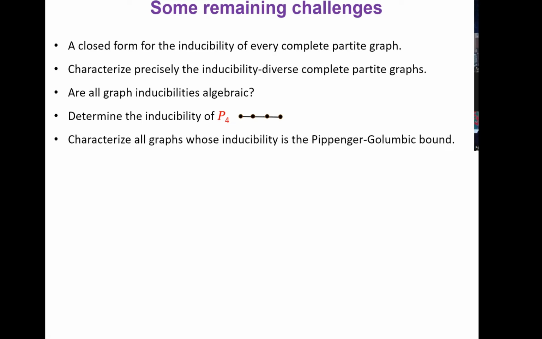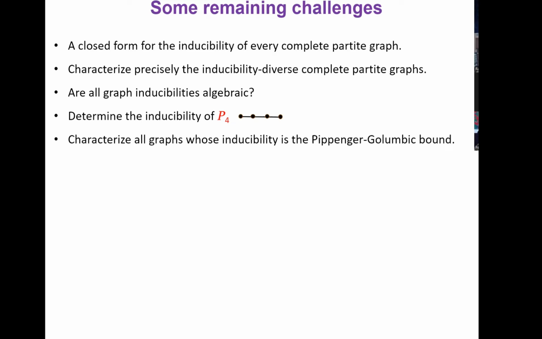Another question that one might ask is whether all graph inducibilities are algebraic numbers. Well, there is reason to suspect that this is not the case. Remember that we don't know the inducibility of P4, and in a recent result of mine, there is a proof that for ordered graphs, not general graphs, the inducibility of P4 is transcendental.